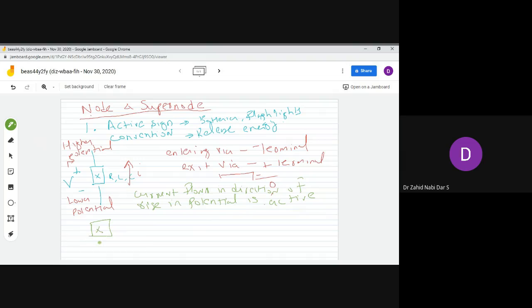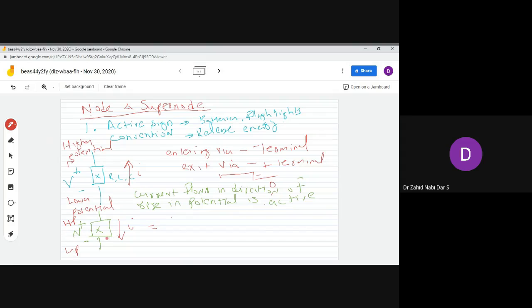Now if the current goes in the direction of fall of potential, suppose you have this element over here, this is x, this is my v, this is my minus, this is my plus. Now suppose my current is flowing in the other direction, like this. This is termed as current flowing in fall of potential, because this is the higher point and this is the lower point.